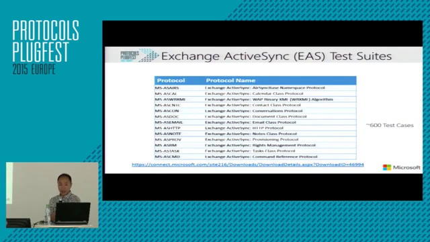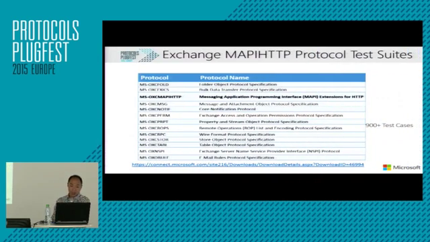There are probably minor bug fixes in EAS too. We also introduced the MAPIHTTP protocol test suite, which is a replacement of the previous RPC test suite. Again, all those test suites are available today, so you can go to Connect Microsoft to download them.